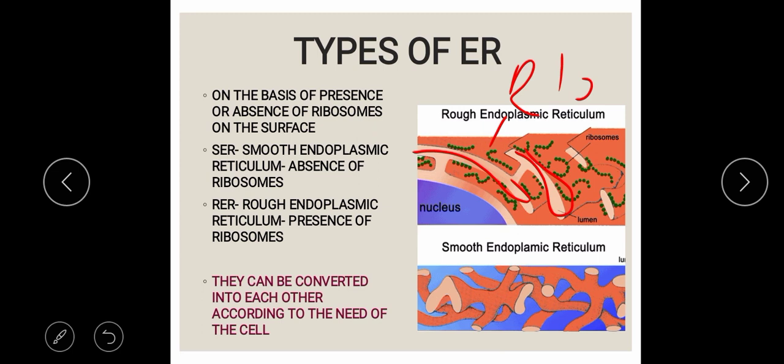The presence of ribosomes makes it rough endoplasmic reticulum, and the absence of ribosomes makes it smooth endoplasmic reticulum. They can be converted into each other according to the need of the cell.